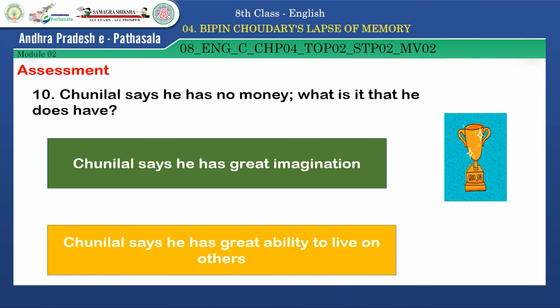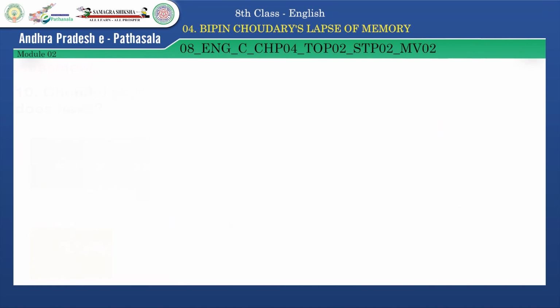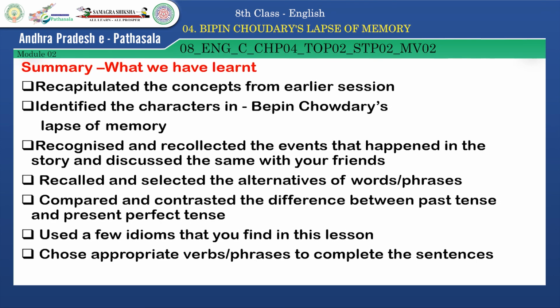Now we will move on to the summary of this session. Summary or what we have learnt. Recapitulated the concepts from earlier session, identified the characters in Bipin Choudhury's lapse of memory, recognized and recollected the events that happened in the story, and discussed the same with your friends.